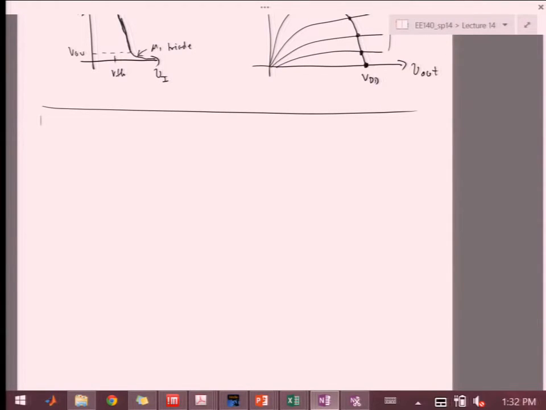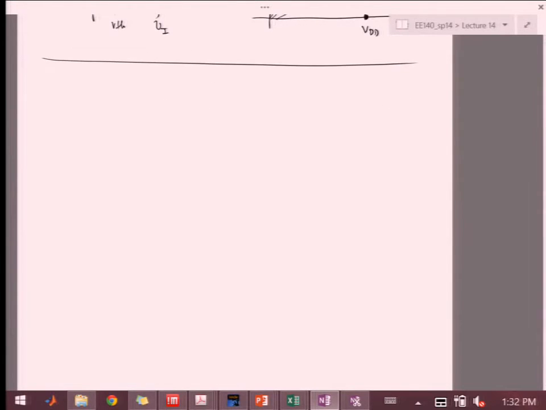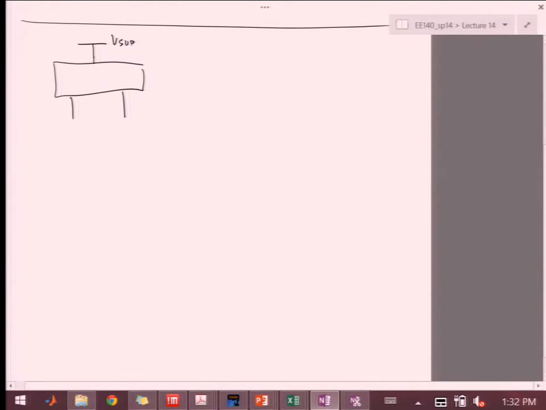We're going to take a look at now how we can use these active loads in biases, which is kind of what we covered last time. The basic concept is that we'll have two blocks that we learned so far.